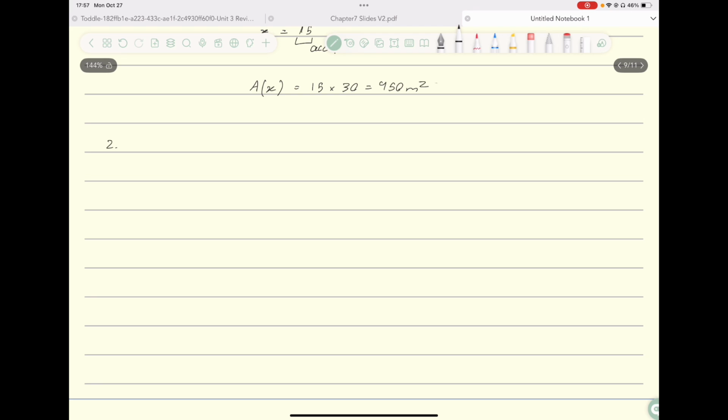The second question is the manufacturing question. We want the ideal size for the minimum cost. So what information is given? The volume is 355 cubic centimeters. The can is a cylindrical shape, so it's a cylinder.